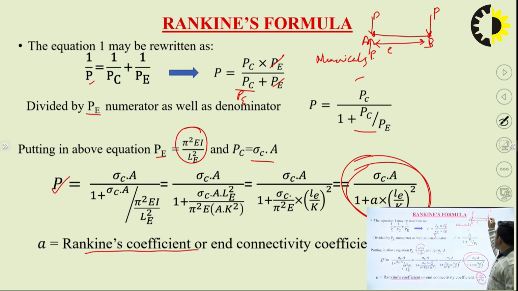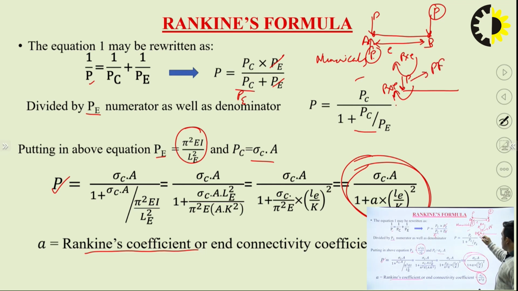So this and this will be working equal, opposite and parallel to each other. So these forces are going to generate a couple. This couple has a magnitude like this, P into E. So the final diagram will be P along with P into E. So this P will be the primary force and this will be the secondary force.